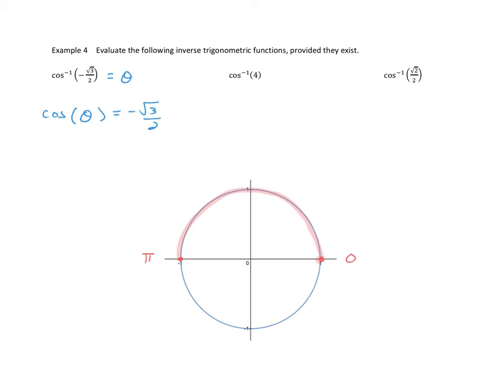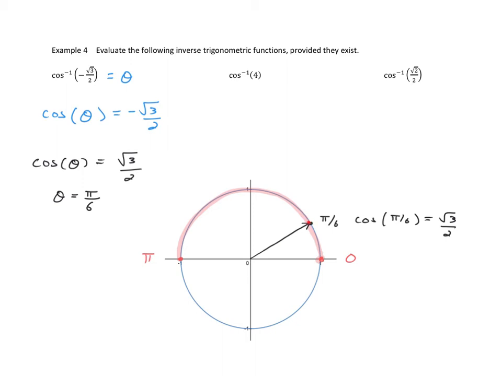I'm immediately thinking, well, do I know where cosine is equal to positive root 3 over 2? And I do. I know an angle where this happens. This angle is pi over 6, or that's 30 degrees. So that's where cosine is equal to positive root 3 over 2. Now, that's not the answer to this question because, well, it's supposed to be negative. Okay, but I see what happens here.